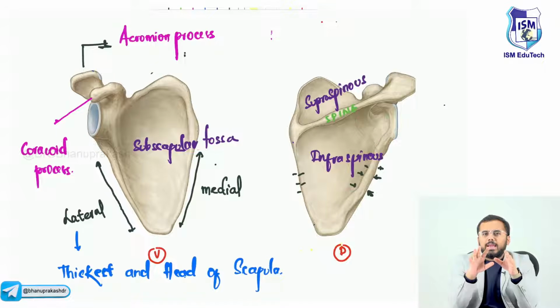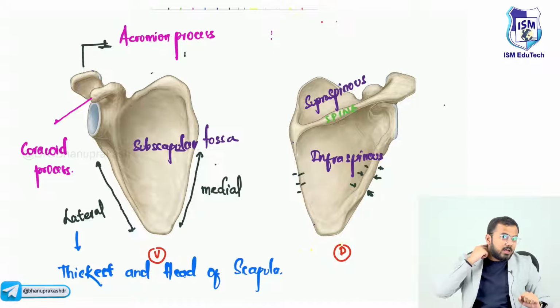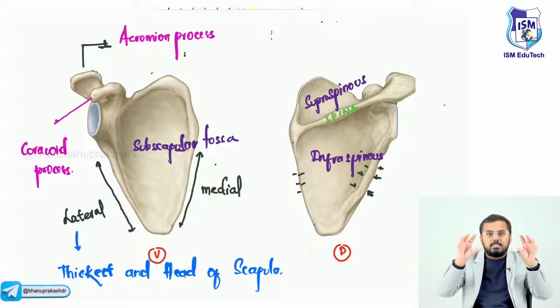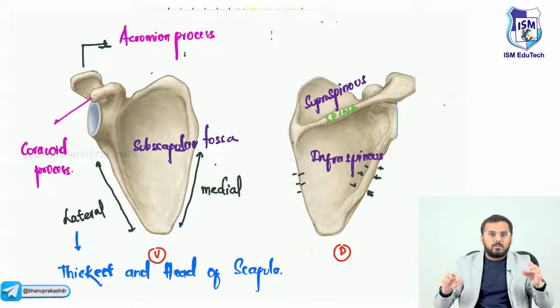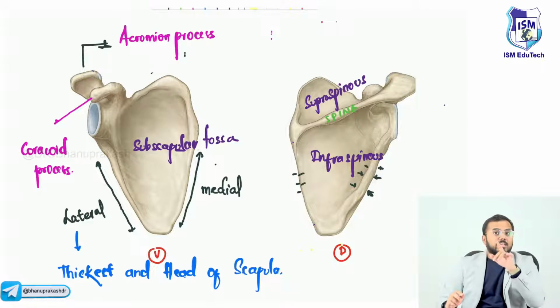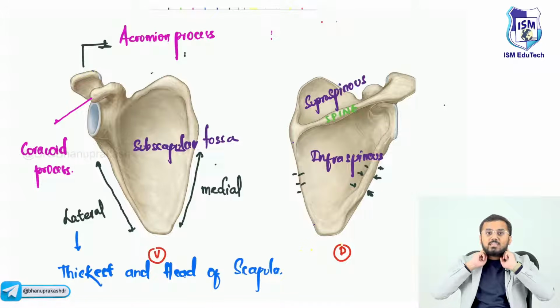basically during 9 to 10 weeks of gestation, the scapulas are usually formed in the cervical region. From the cervical region the scapulas descend down to the shoulder. For example, if there is any kind of cervical spine abnormality, what will happen?